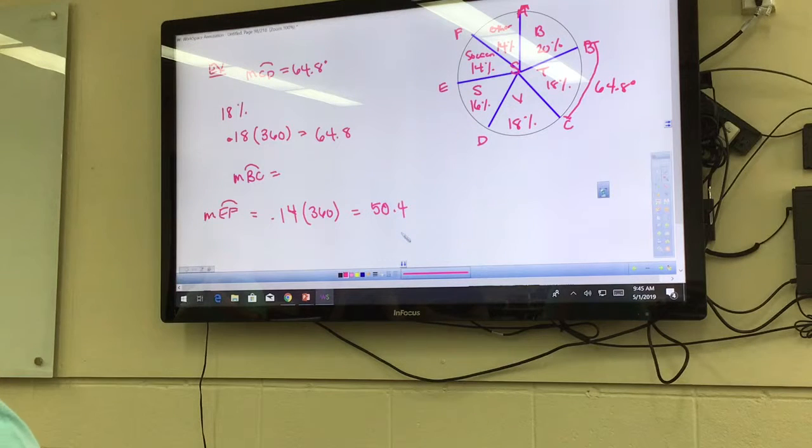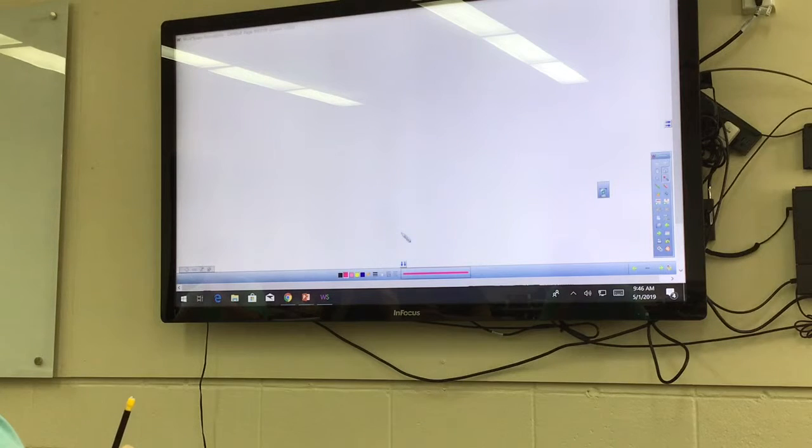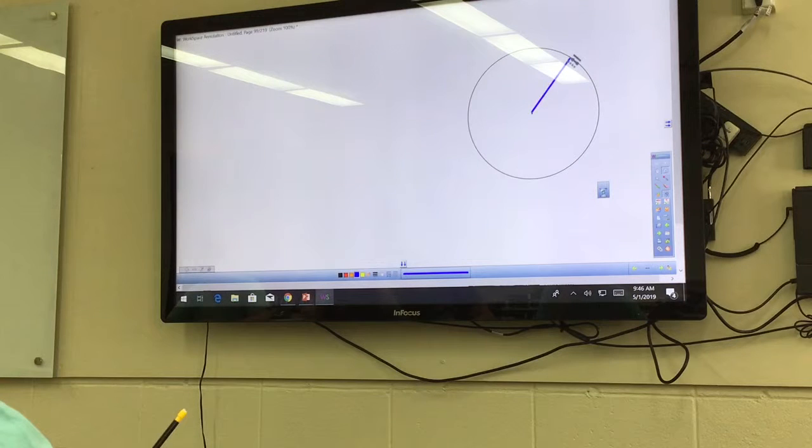Alright, what does adjacent mean? Beside it, right? So if I have two arcs that are adjacent, that means those arcs are going to be right beside one another, correct? So I'm going to draw a circle, and I'm going to show that I have a radius of MH, a radius of MJ, and a radius of MK.